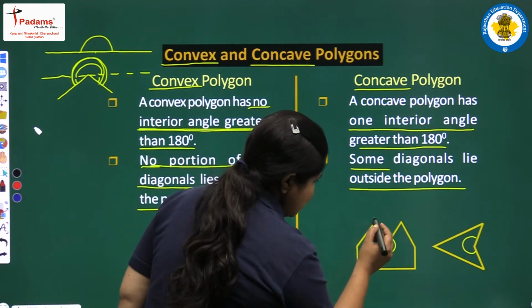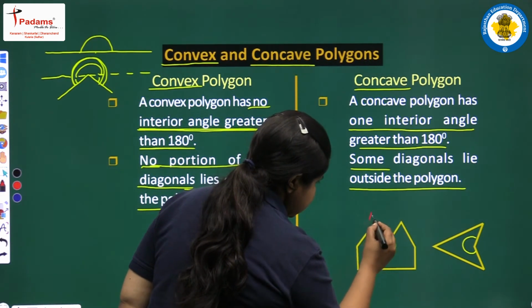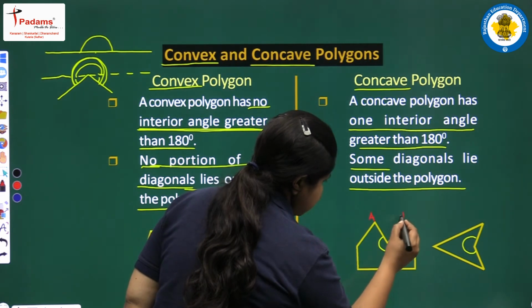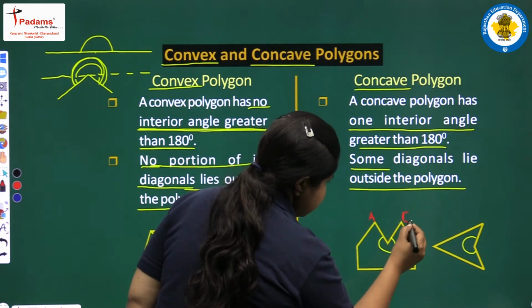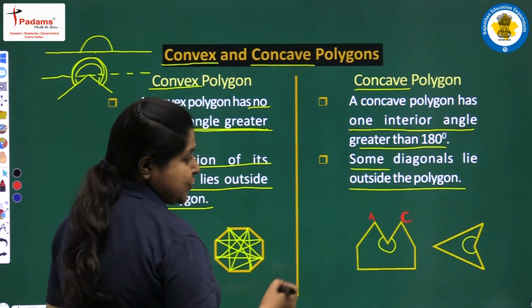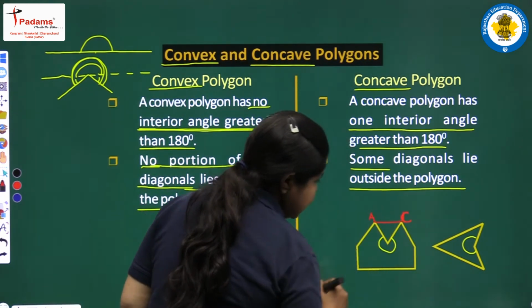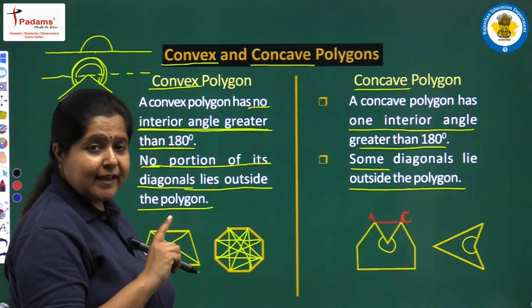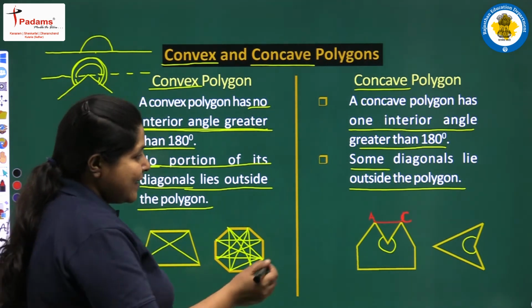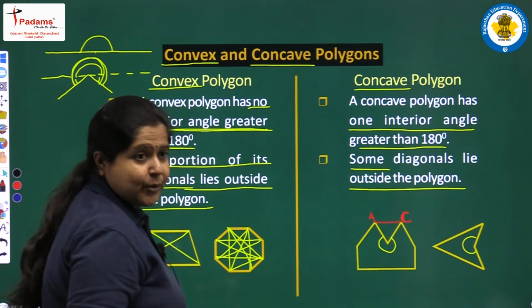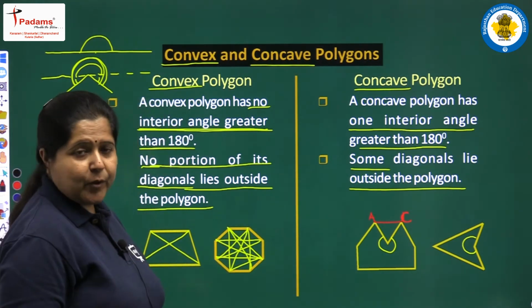Here these two are the vertices. Now if I join them, this is the diagonal of this polygon and it is lying outside this polygon. You can see it is lying outside the polygon.